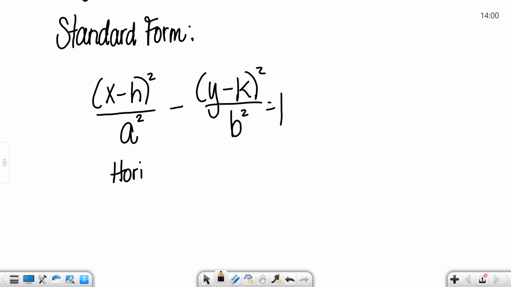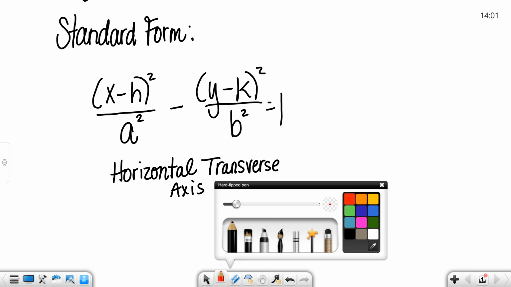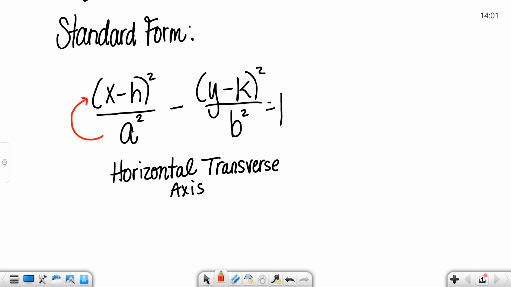We have a horizontal transverse axis. Remember how we decided if the major axis was horizontal before? We looked at how A was up under the X value. Well, the same thing here. If A is up under the X value, your transverse axis is horizontal. So this particular hyperbola would look like this, so that its transverse axis is horizontal.